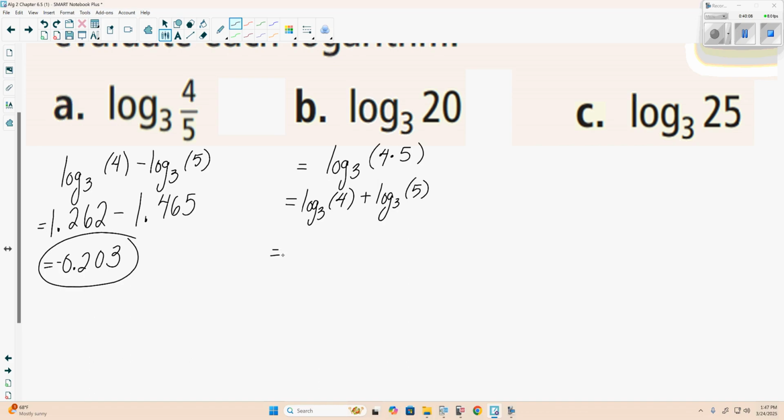As it told us, log base 3 of 4 is 1.262, and log base 3 of 5 is 1.465. If we add those together, we get 2.727.